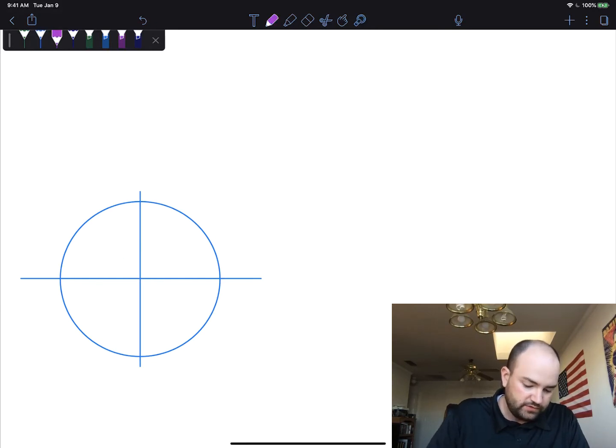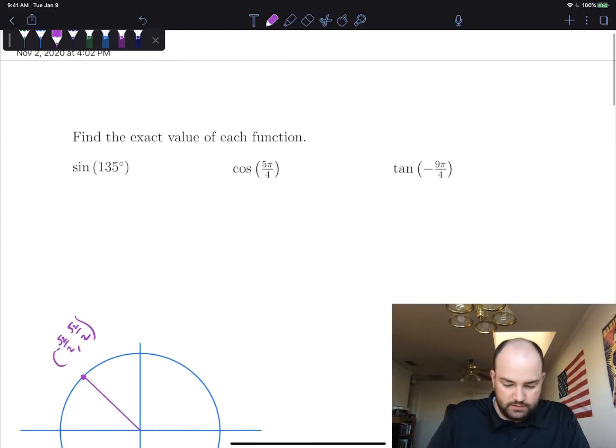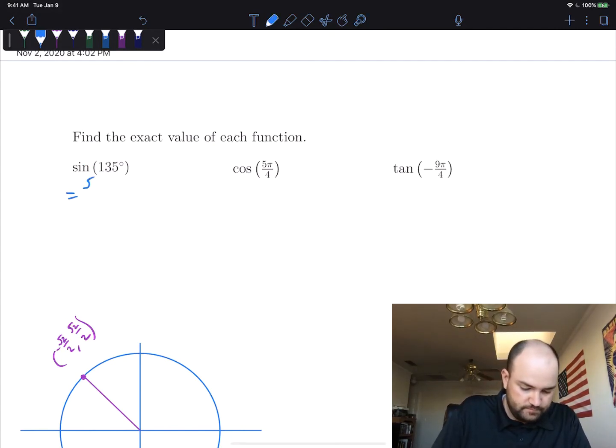And at 135 degrees, that coordinate would be negative root 2 over 2, root 2 over 2. Sine is the y, so it gives us root 2 over 2 there.